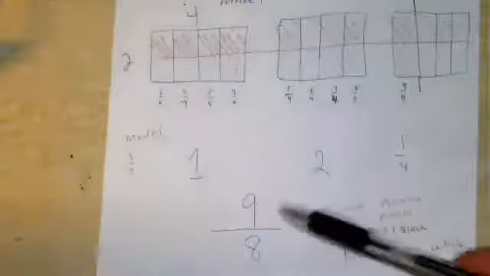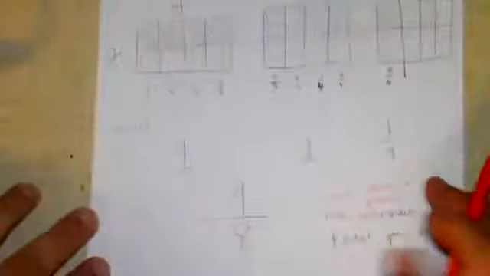Now, what do we notice about this number? It's an improper fraction. So the way you can figure it out, without using division, is go ahead and draw out another 1/8.